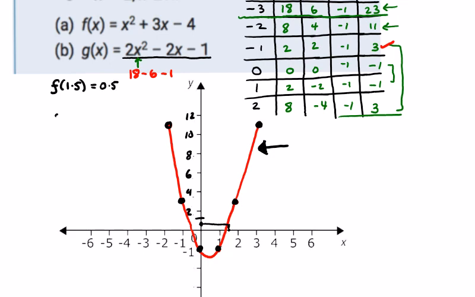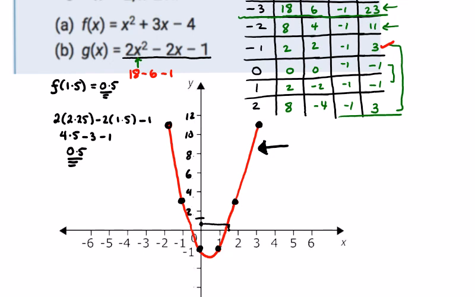Now let's get the exact answer. 2 by 1.5 squared is 2 by 2.25, minus 2 by 1.5, minus 1. So we're going to get 4.5 minus 3 minus 1, which is 0.5, which is exactly what our estimate was, based on the accuracy of our curve.